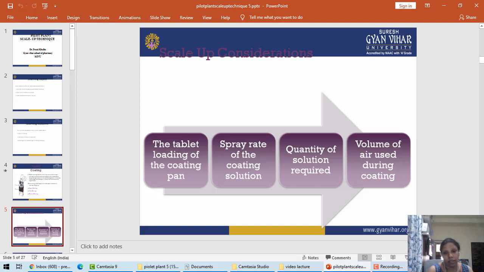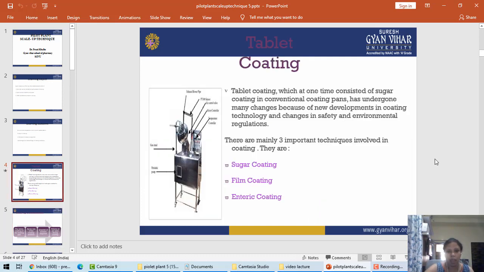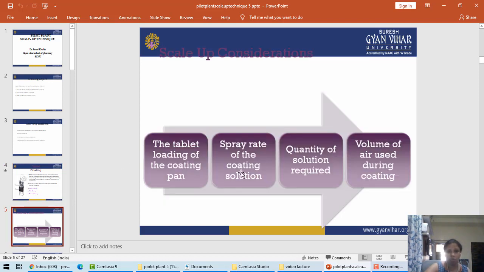Second one is the spray rate of the coating solution. At what rate we are spraying the coating solution is important. In the diagram you can see this is the pan coater, and this is the pan where we load the tablets, and this is a pipe type of thing, and the nozzle is there which is used to spray the coating solution onto the tablets. So the spray rate of the coating solution is important.